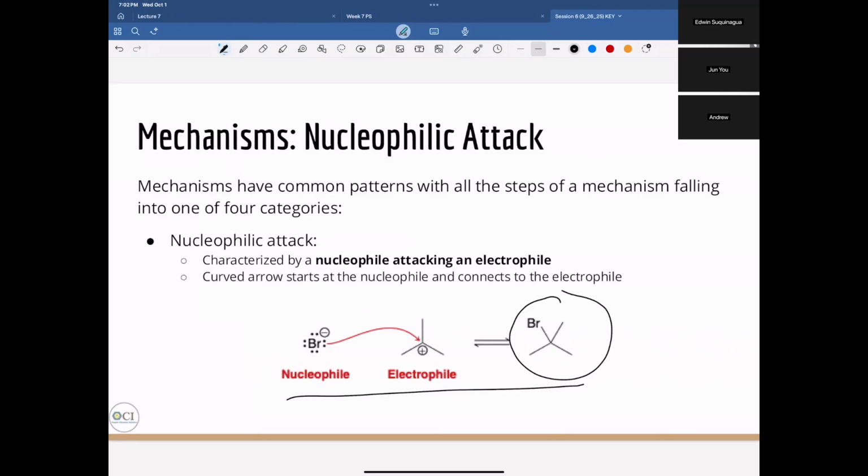To show that, the arrow comes off of an electron source, in this case the bromine lone pairs, and attacks the electrophilic carbon on the electrophile. One of the simplest mechanisms.